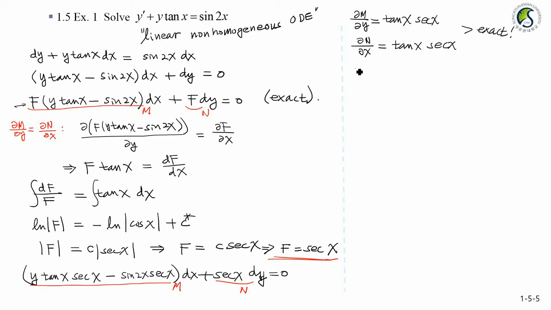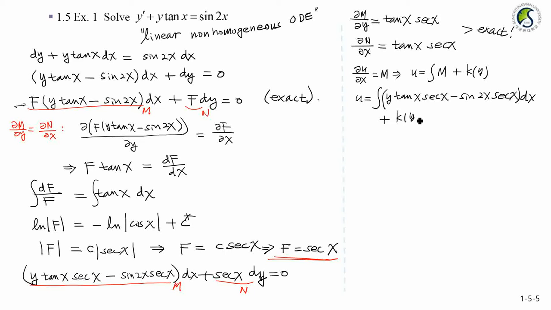Recall that du over dx is M. So u is the integral of M plus k of y, right? So u equals the integral of y tangent x secant x minus sine 2x secant x dx plus k of y.